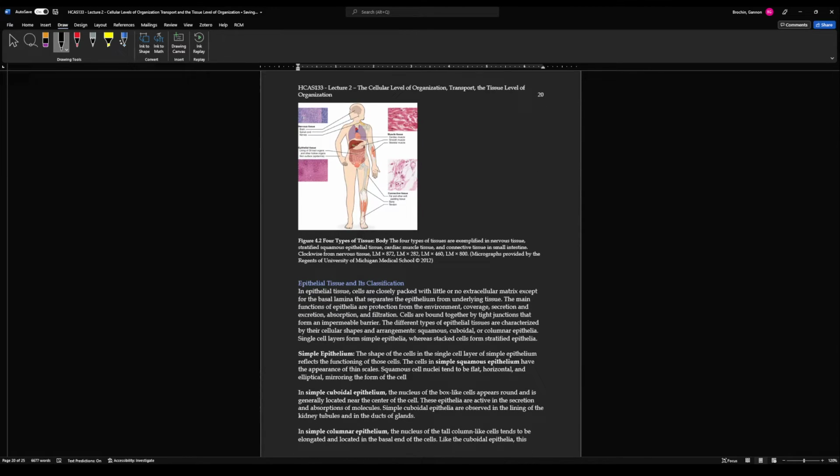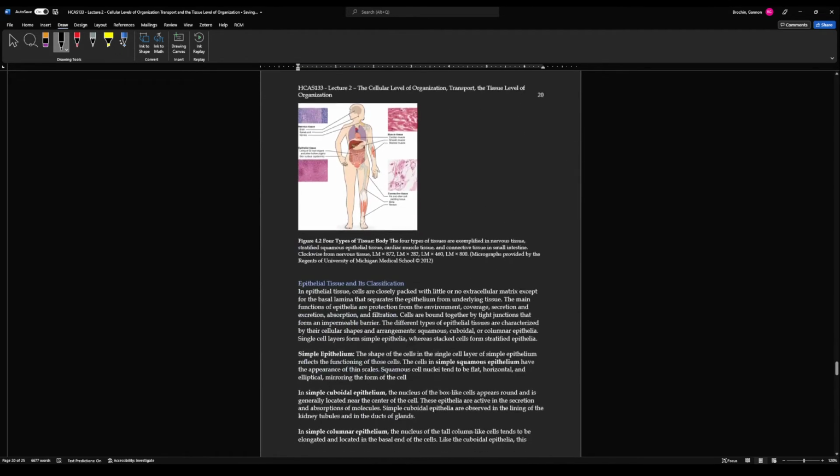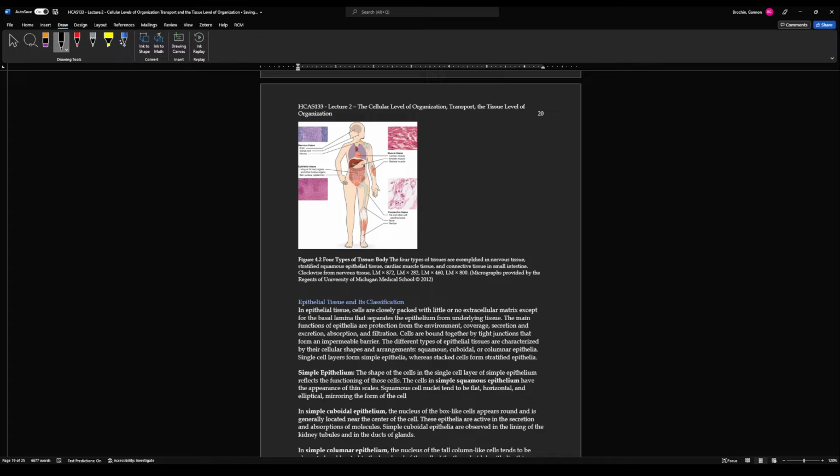Now, next, tissue organization, okay? We have 4 main types of tissue in the body. There's nerve tissue, epithelial tissue, muscle tissue, and connective tissue. There's many different types of cells underneath all of those, but these are the 4 generalized tissues.